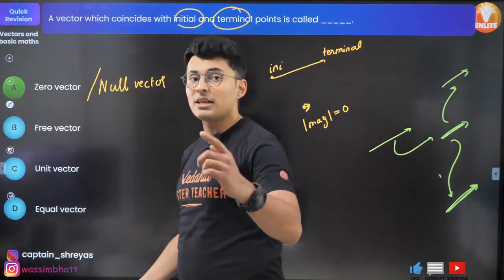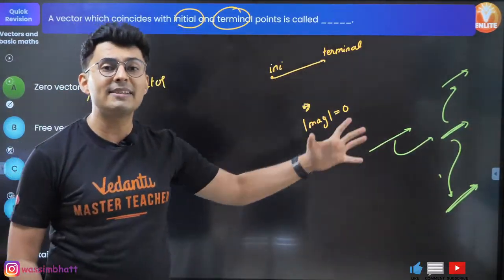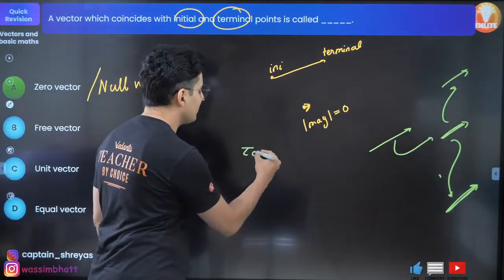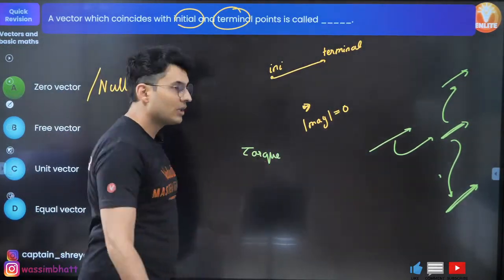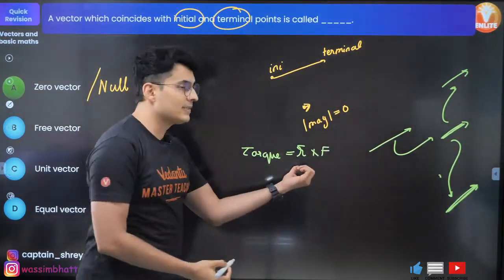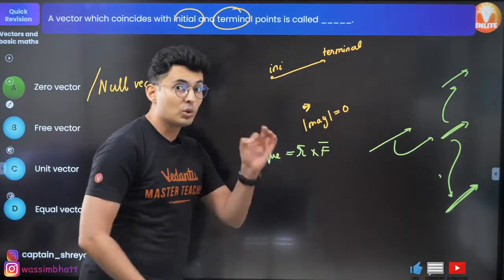But sometimes you will see a force vector cannot be slid as freely as you want, because you would have seen the formula of torque. Torque is nothing but R cross F. R is the distance from the axis to the force.